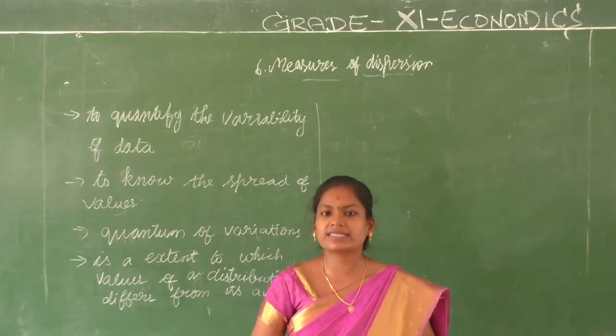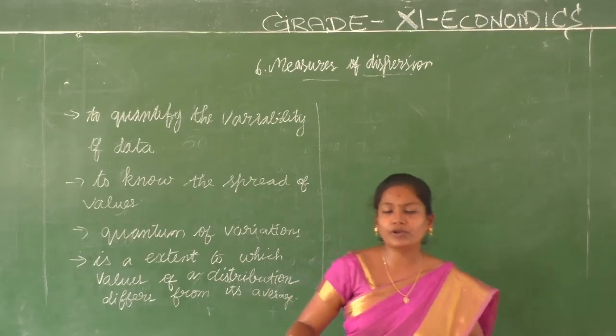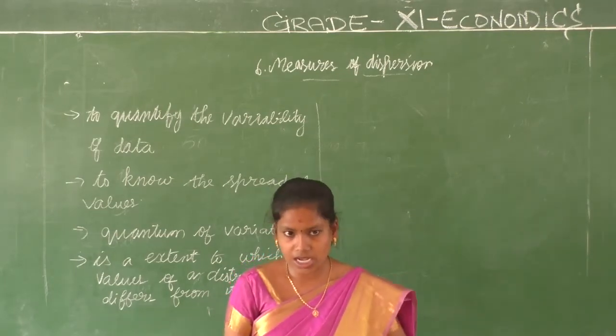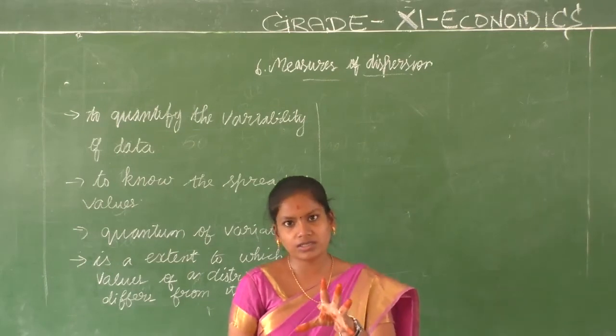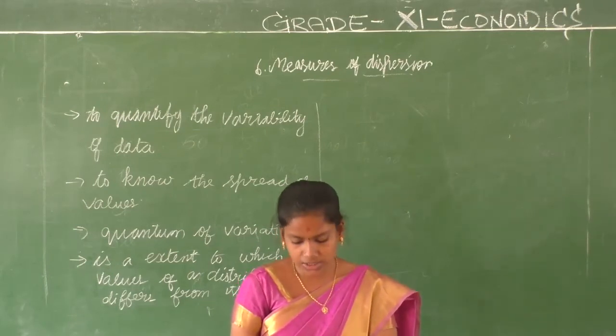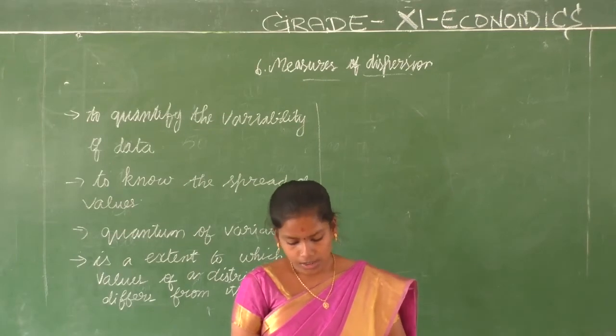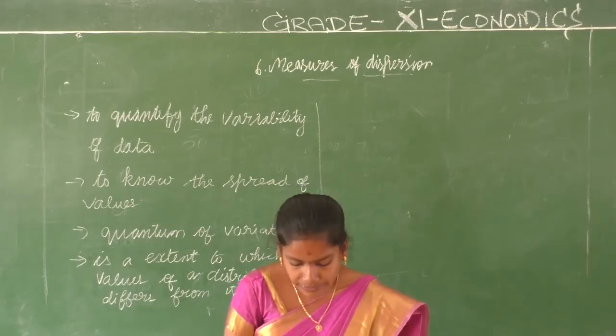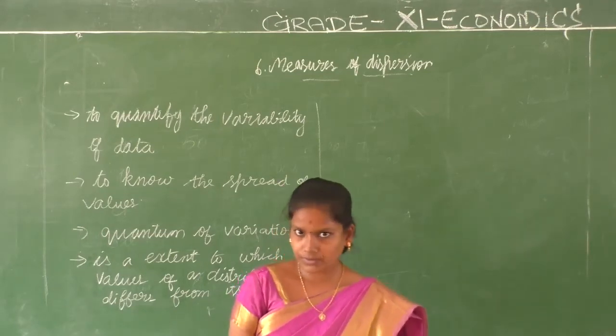Okay, what does it basically mean? We'll not go deep into it. We'll just know what the measures of dispersion are. Just a gist, just for your knowledge sake. We are not going to go much deeper into it, but we will know what it is. Right, children?